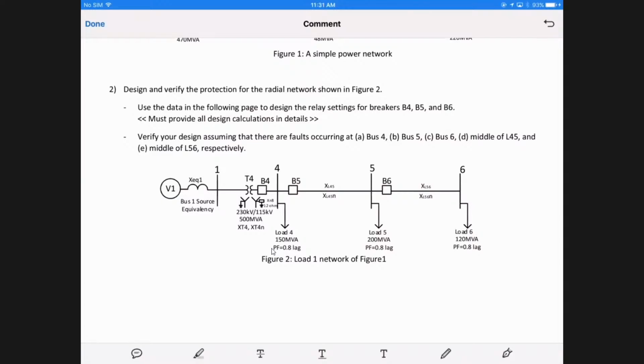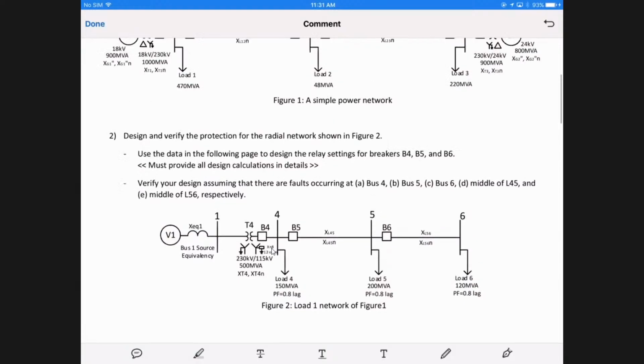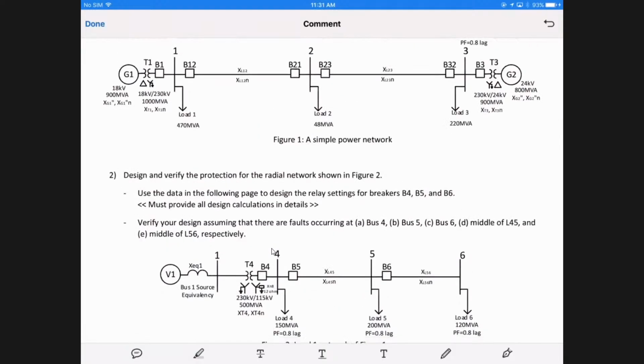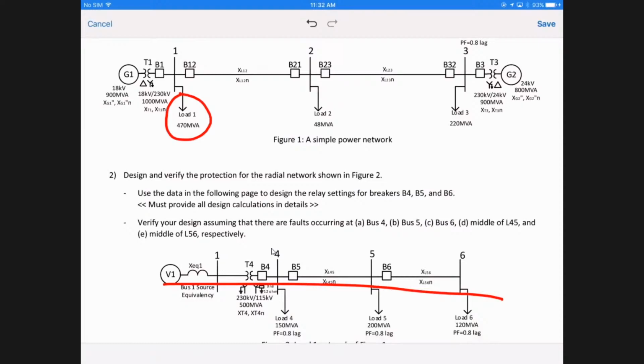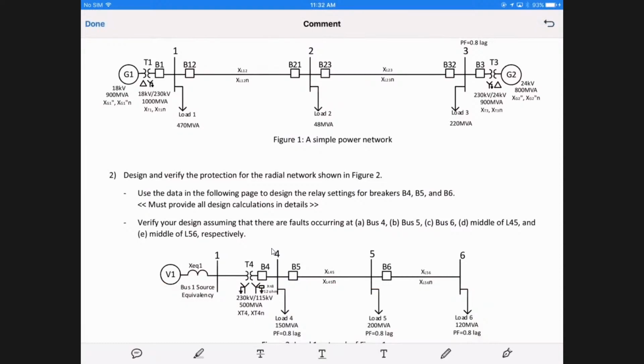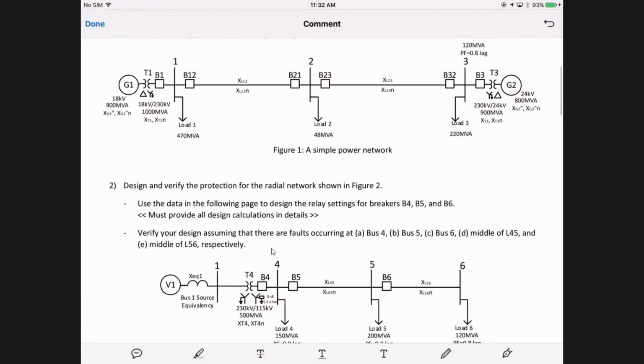For the radial system, compared to here, we are talking about the lower one. The lower one is a radial system. So I want to make an equivalent circuit.